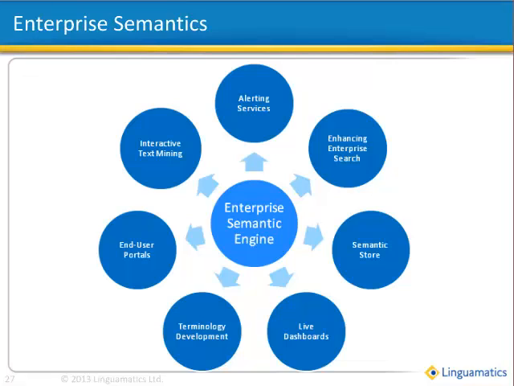It can also be used for terminology development, which can be fed back into your text mining system, but also feeds into some of these other systems, especially things like the enterprise search. It can be used for end-user portals, so moving from the information professionals who might be doing the professional searches, they can then present some of their queries in a parameterized way to end users.